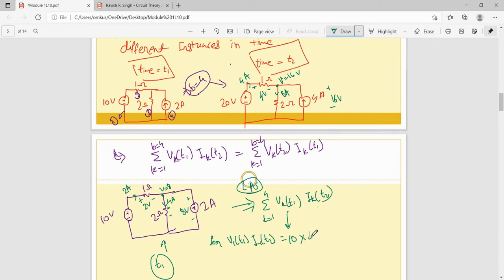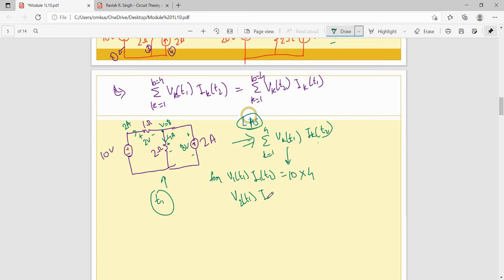So that is 4 ampere. Similarly, for this branch with 1 ohm resistance, what is the voltage? V2 of T1, I2 of T2, which is 2 volt, right?